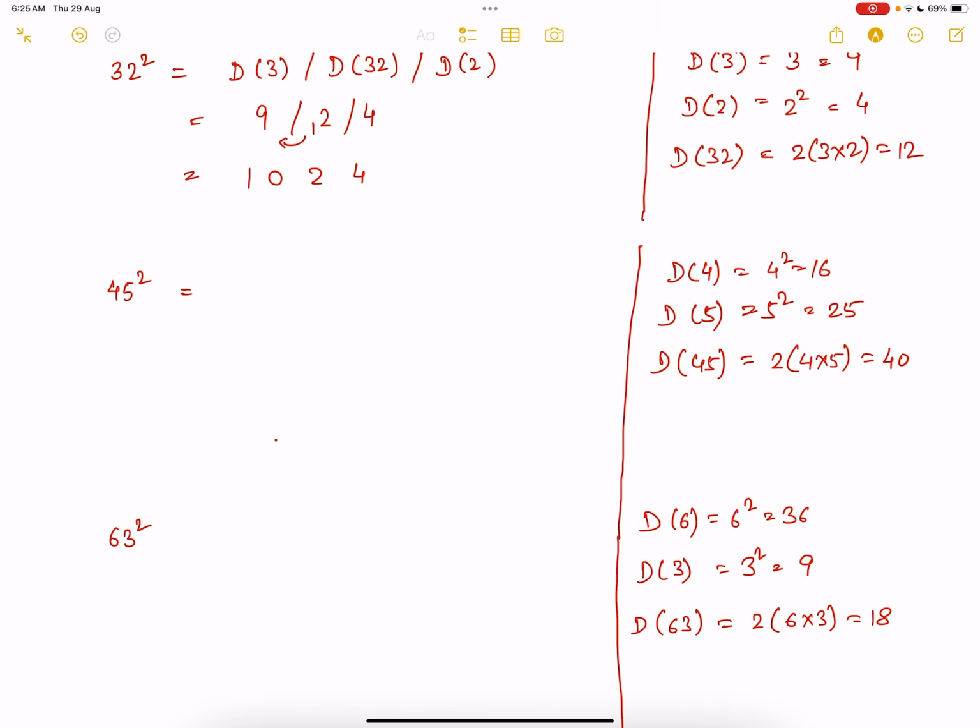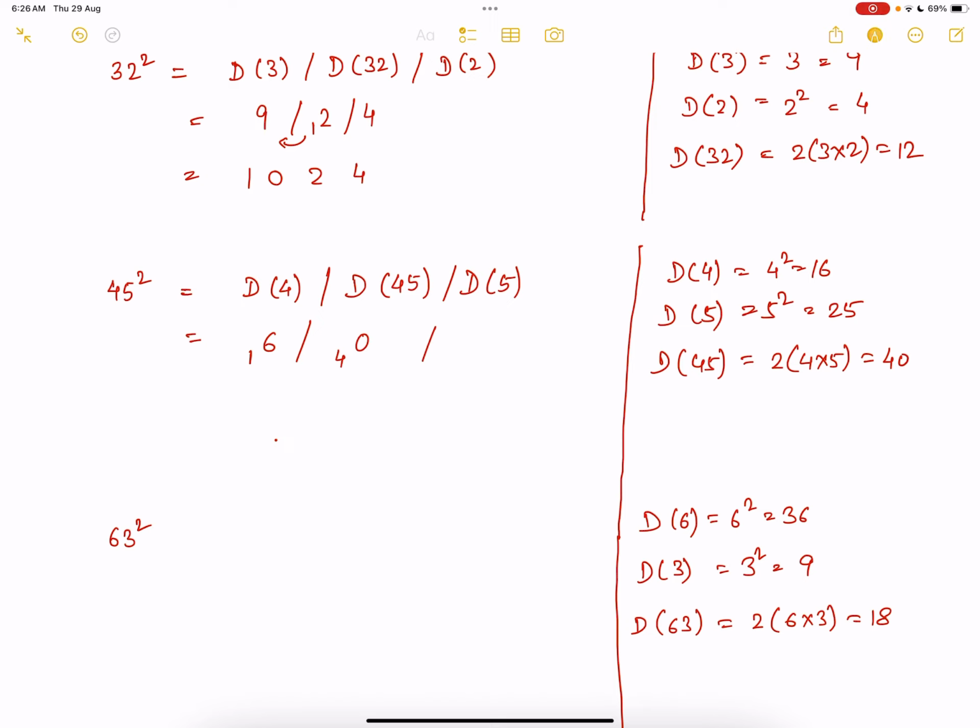45 square. So D4, D45 and D5. We have already worked out D4 is 16. 1 is getting carried over. And D5 is 25. D45 is 40.